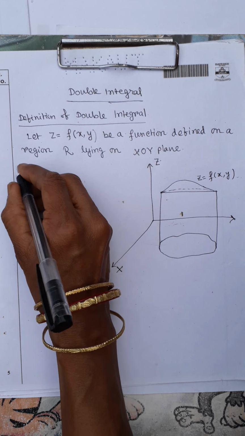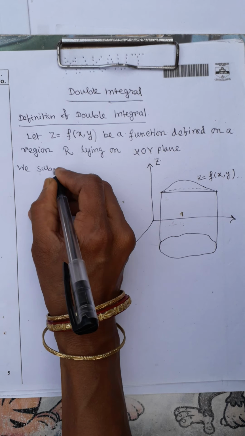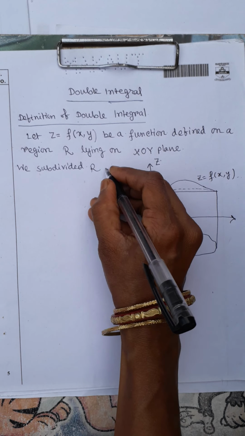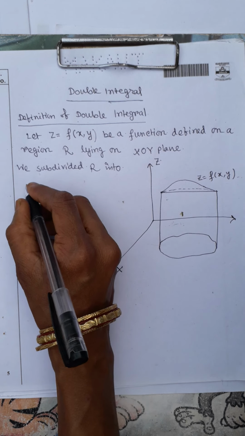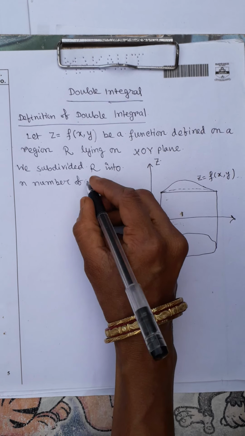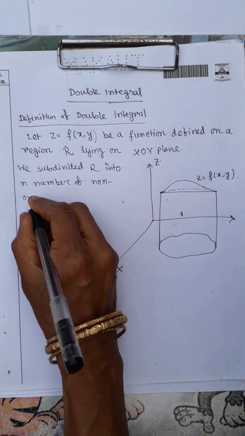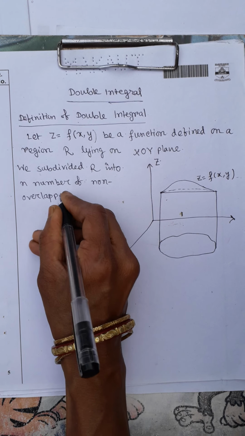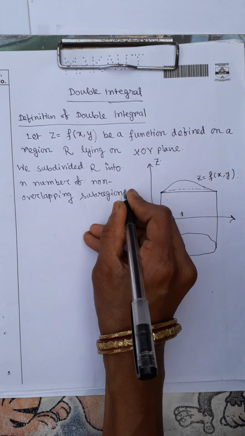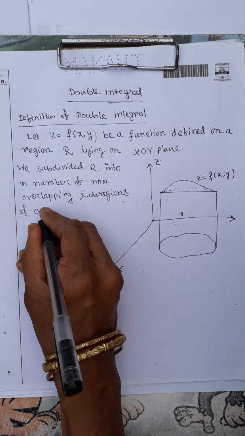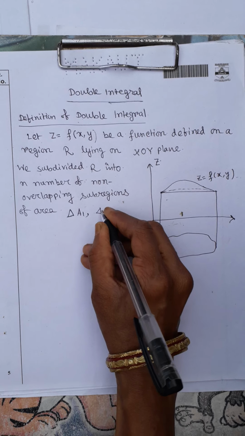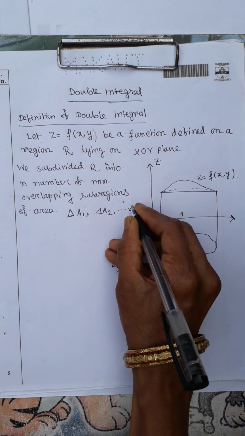Okay, now we subdivide R into n number of non-overlapping subregions of area delta A1, delta A2, up to delta An.